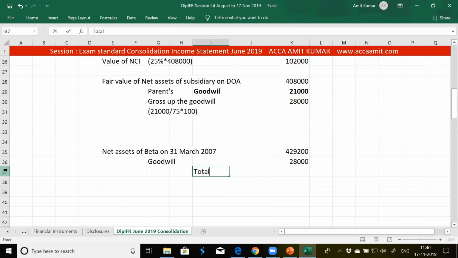Total value of the entity, that is the carrying amount of beta, is equal to 457,200. This is compared with the recoverable amount of beta for the purpose of testing of impairment.